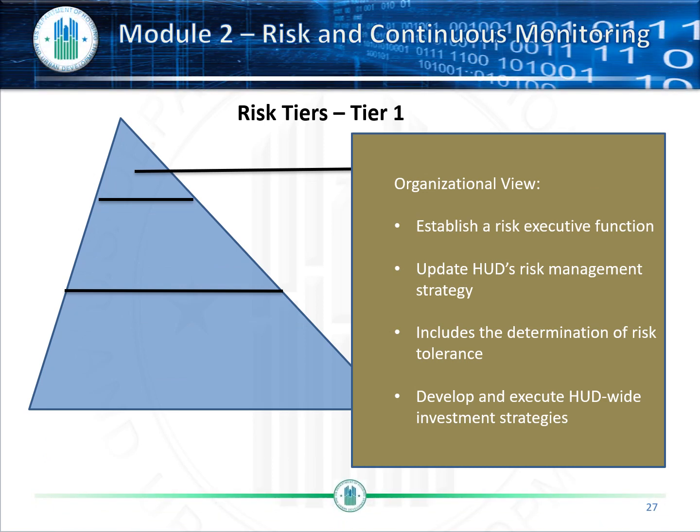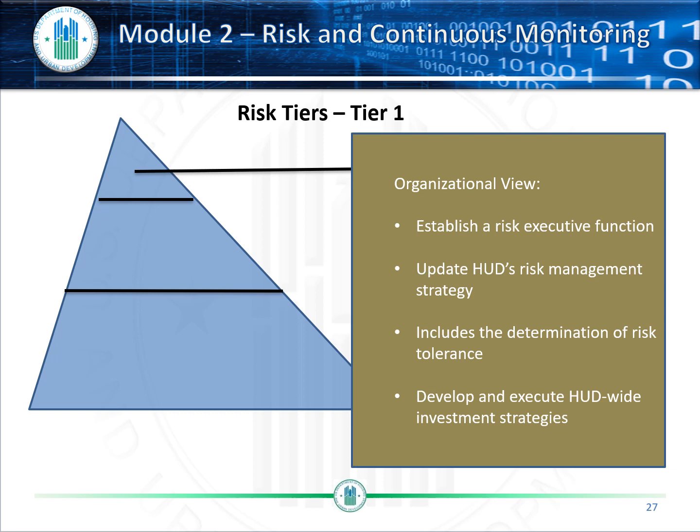Tier 1 addresses risk from an organizational perspective by establishing and implementing governance structures that are consistent with the strategic goals and objectives of organizations and the requirements defined by federal laws, directives, policies, regulations, standards, and missions and business functions.